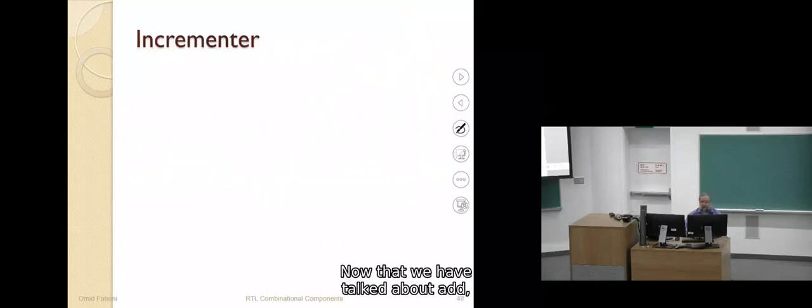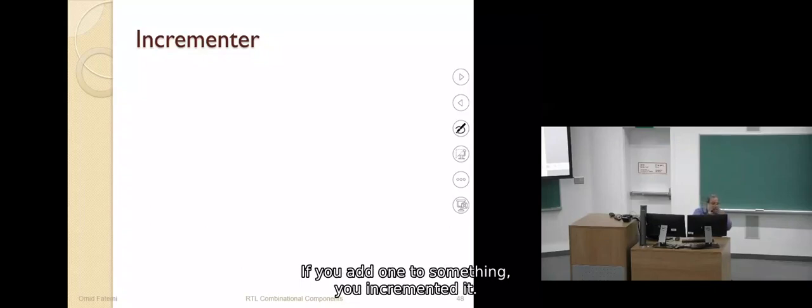Now that we have talked about adder, let's talk a little about incrementer. Incrementer is also a very good component. Actually, incrementer is a special kind of adder. What do we add to get incrementer? 1.